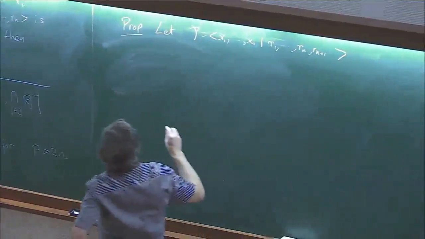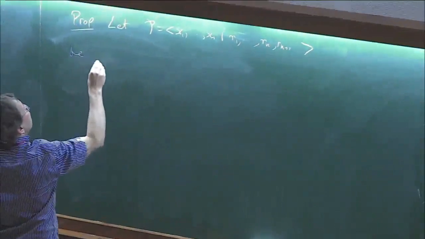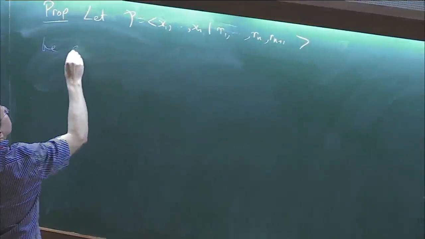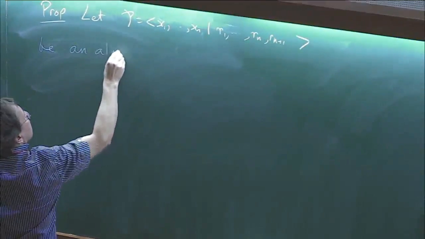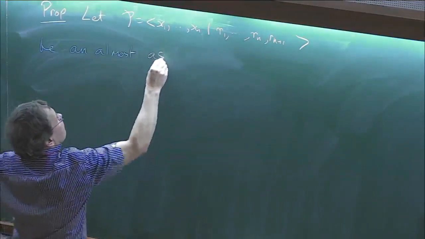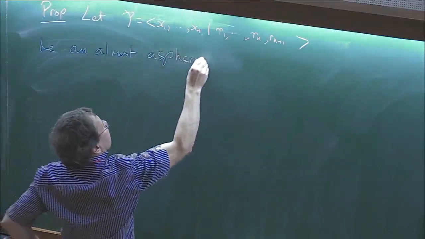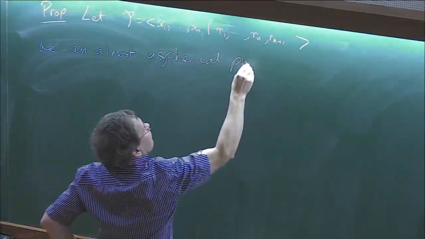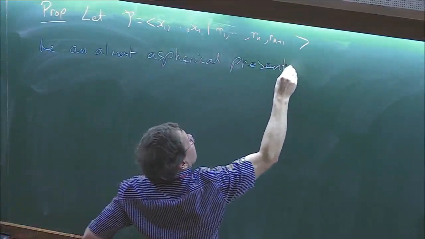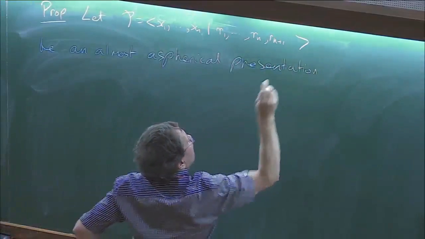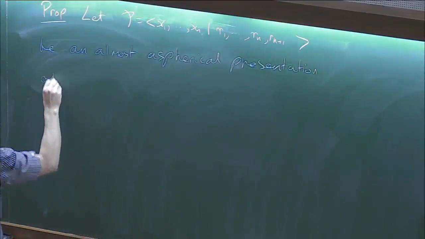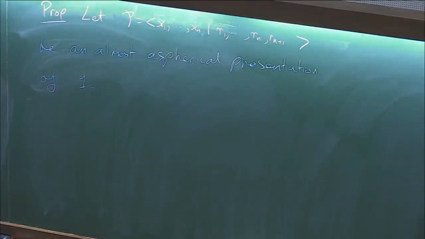Let that be a presentation. Let it be an almost spherical presentation. Of which group? Of the trivial group. Okay, so take an almost spherical presentation of the trivial group.